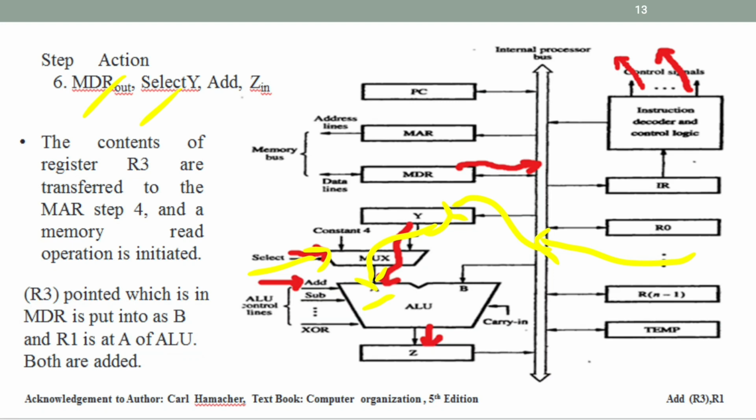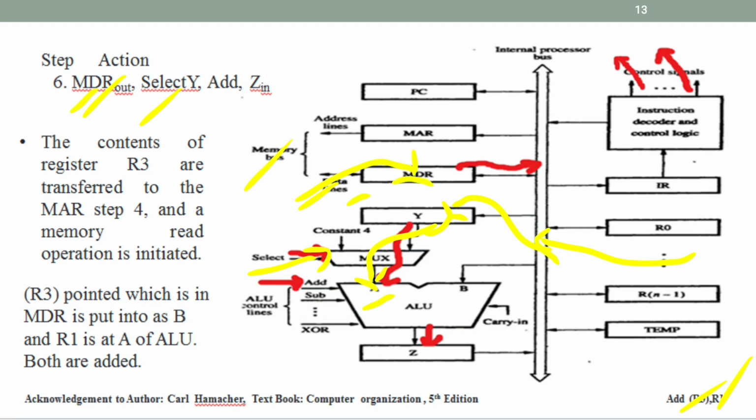Hence at the A terminal we have the operand R1. Next, when memory has put the content of the location pointed to by R3, that is the first operand in the instruction, onto the data lines of the memory bus, since MDR in E is always logic 1, it will automatically be taken into MDR.